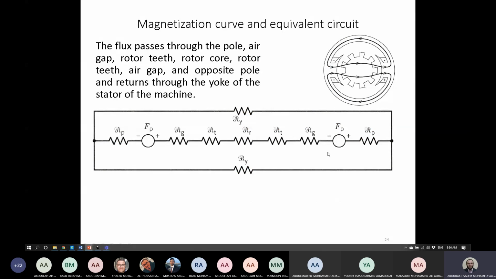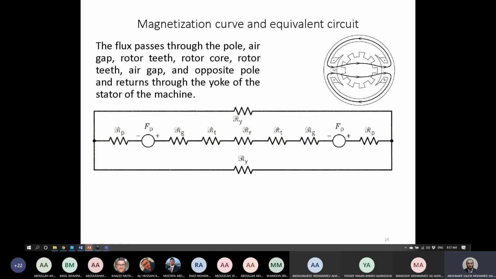Now we could understand the operation of the machine, and now we would like to convert this to a magnetic circuit and then to an electric circuit in order to make analysis for DC machines. So let's now imagine together we have rotor inside, and this is the core of the stator.